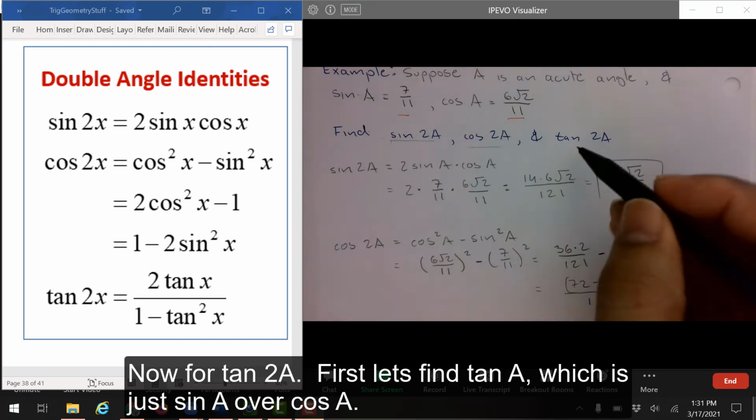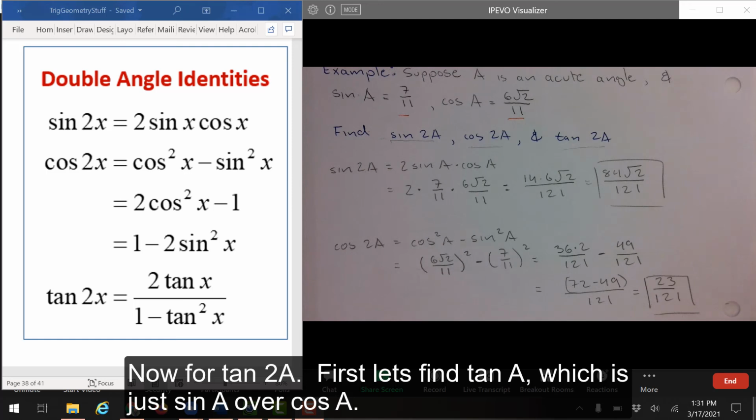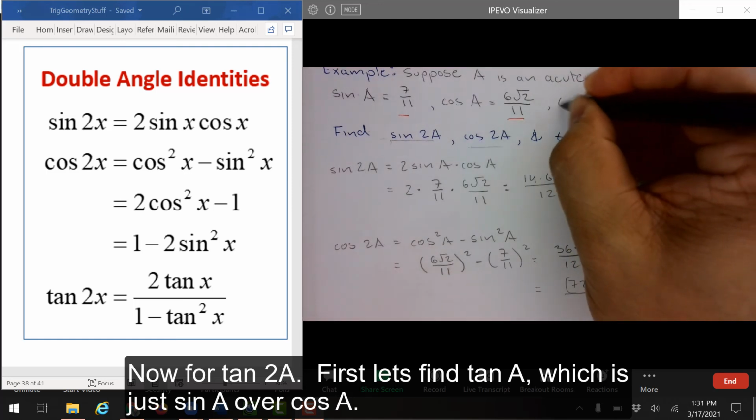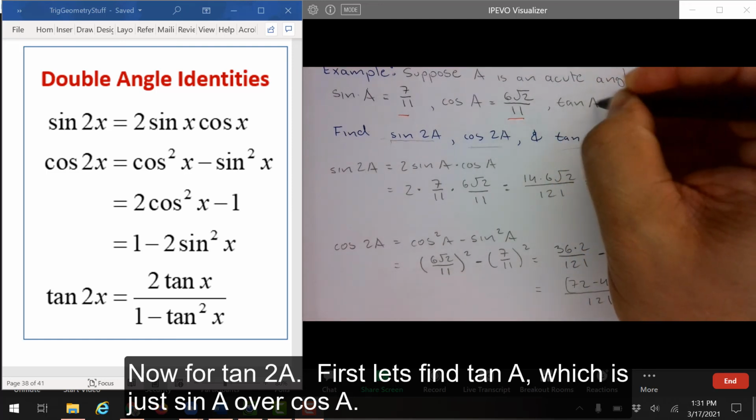Now for tangent 2a. First let's find tangent a, which is just sine a over cosine a.